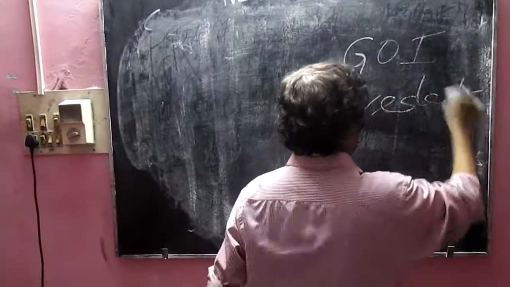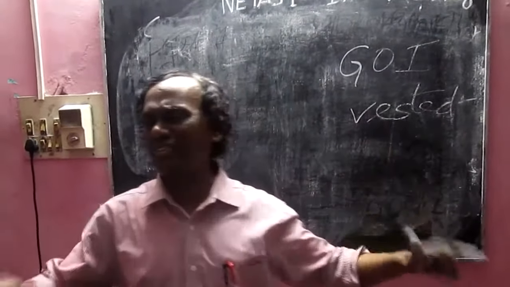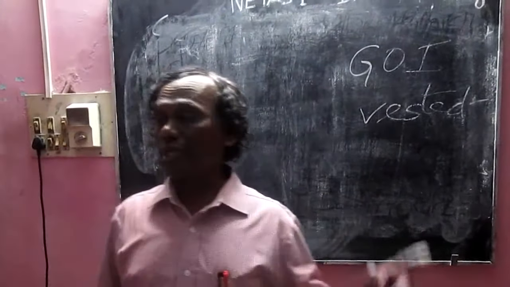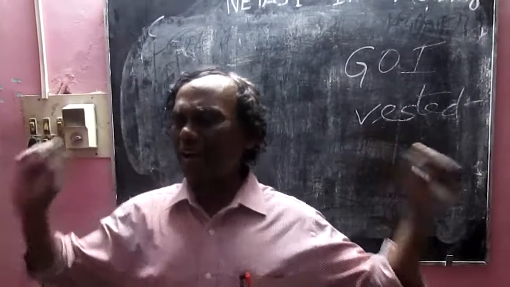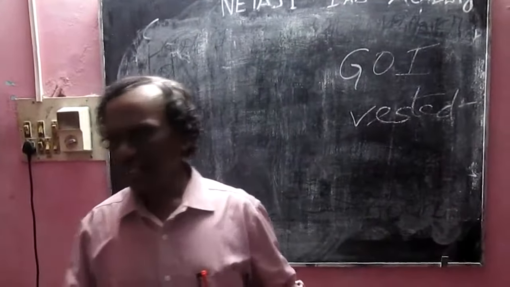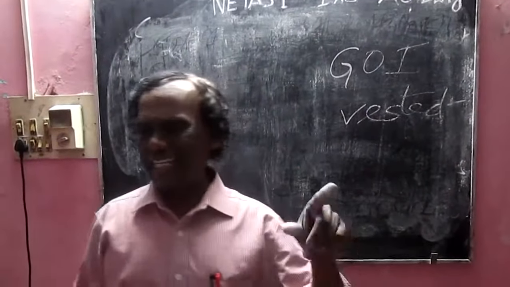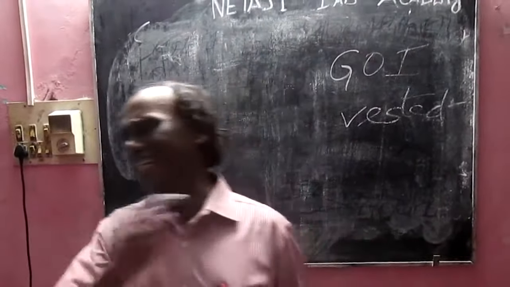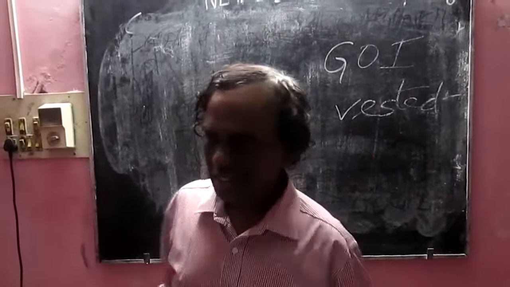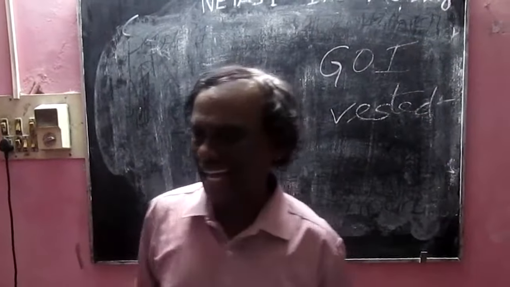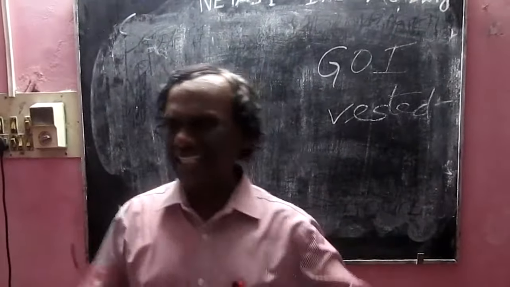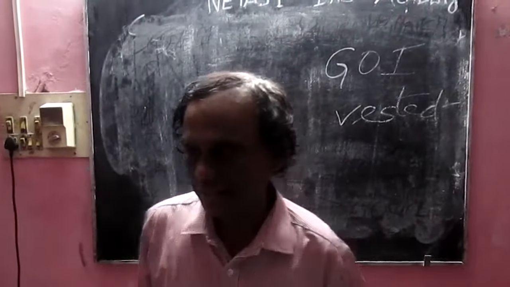Vested means left with. Number 2. All important decisions of the Government of India are taken in the name of the President of India. You will get your appointment order if you pass civil service in the name of the President of India.